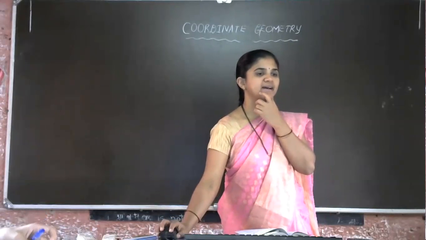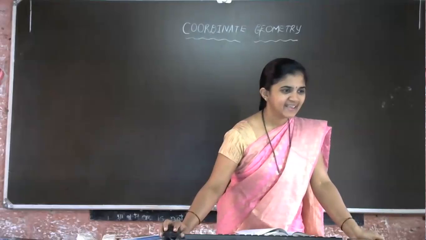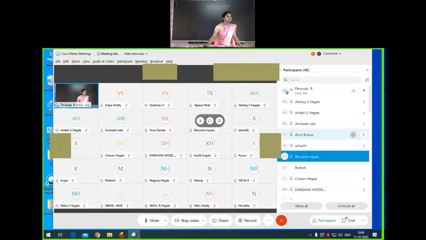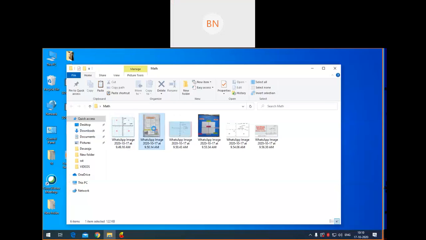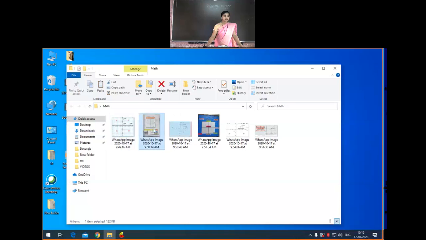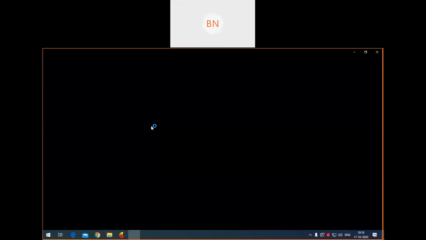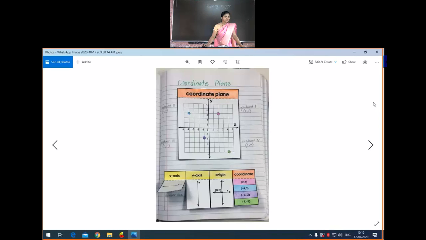Yes, Bhuwana. What is that Cartesian plane, Bhuwana? Don't know. You're telling don't know. You don't have any idea about the Cartesian plane. The points on the graph which we did on equation. Okay, you forgot.